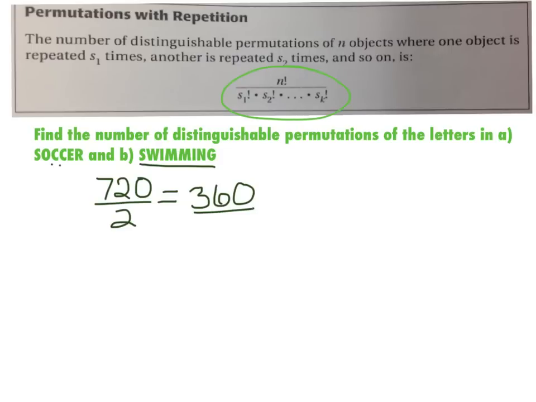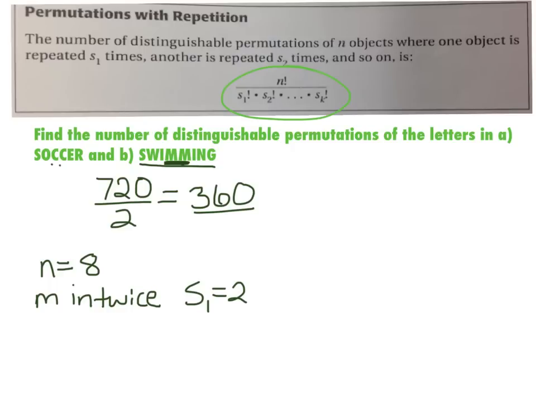Now for swimming, same thing. Our n is going to be 8, there are 8 letters in swimming. However, the M is in there twice, so that means that s1 is 2.